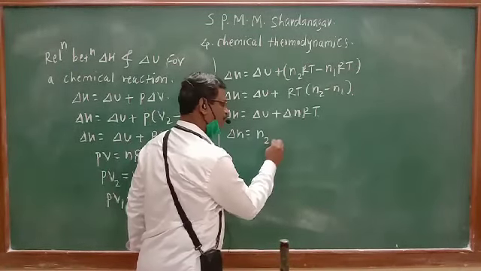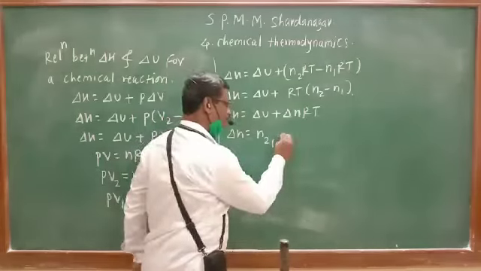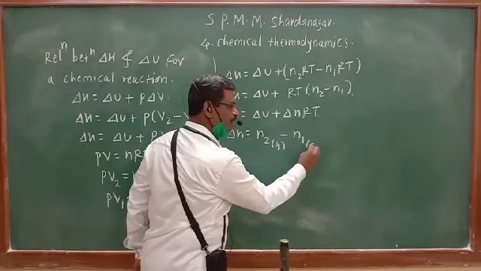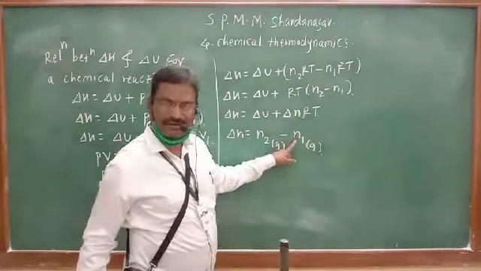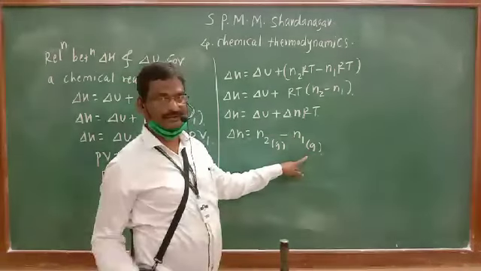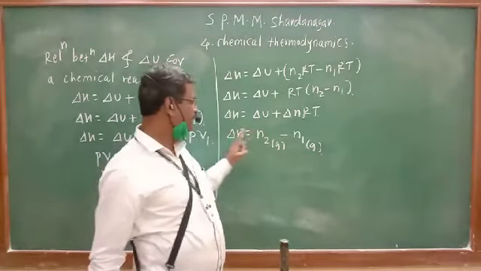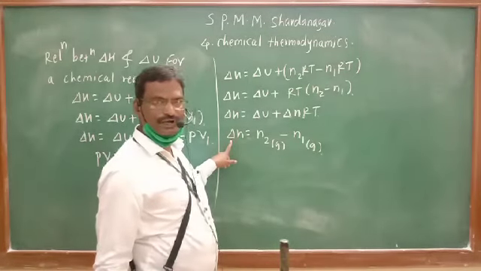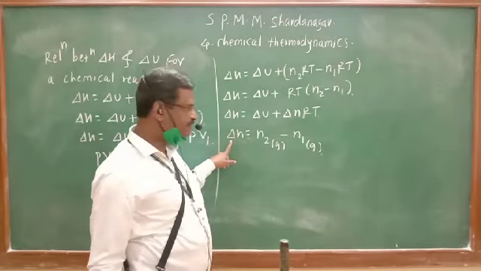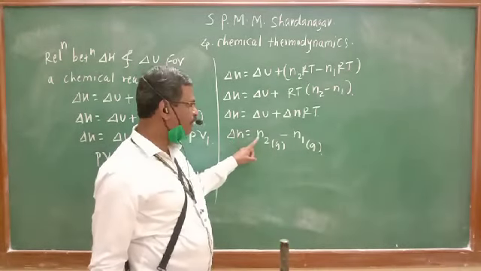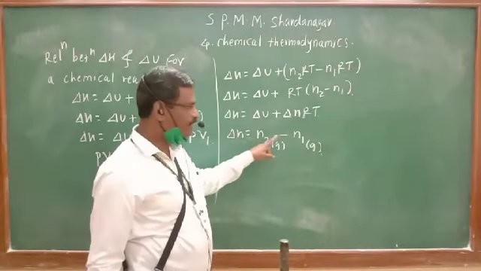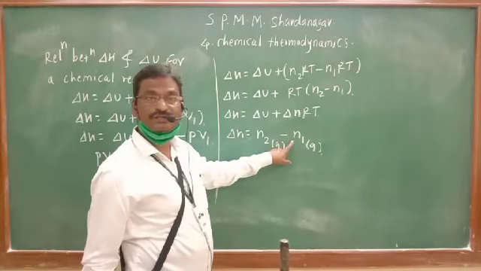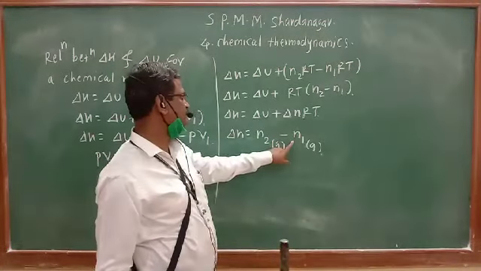It is n2 in gaseous state, that is number of moles of product in the gaseous state, minus n1, number of moles of reactants in the gaseous state. See, this is an important point. Delta n is a change in number of moles during chemical reaction. That is the difference between number of moles of gaseous product minus number of moles of gaseous reactants.